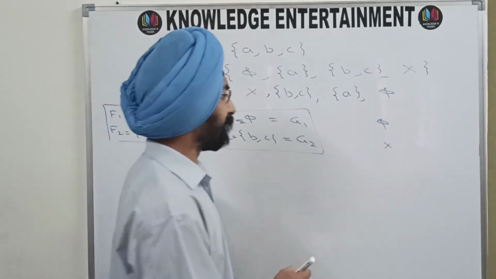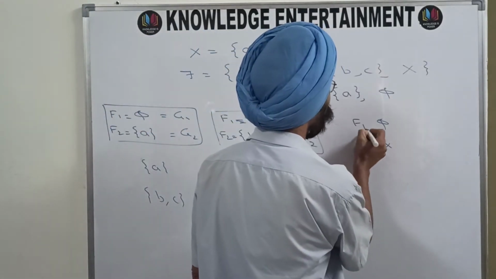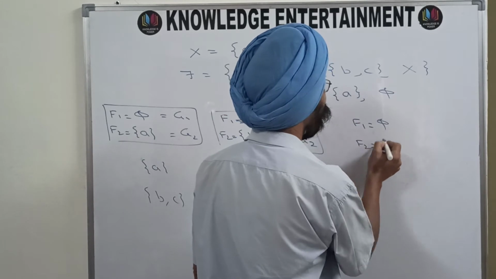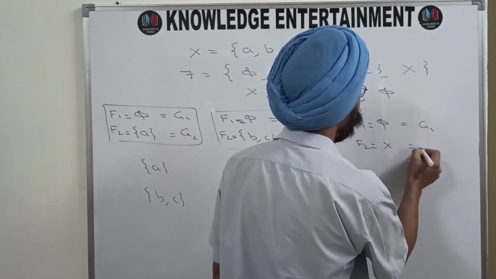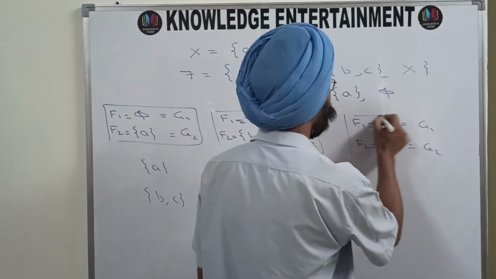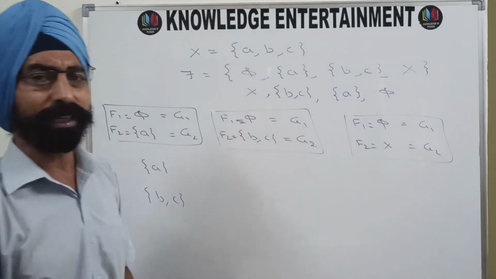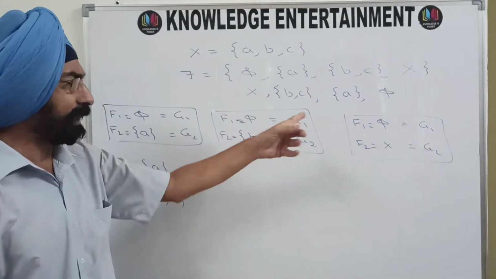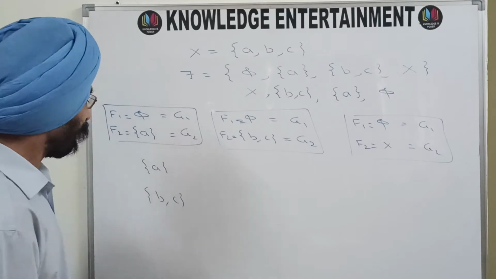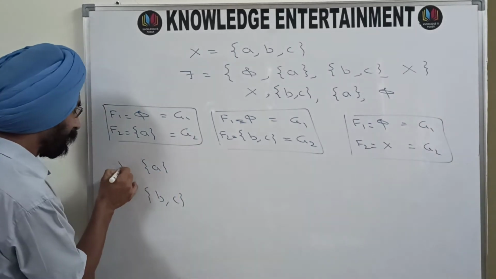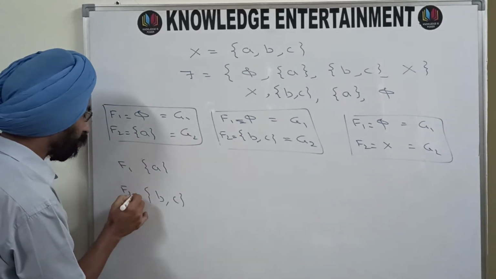In the third case, again, if your F1 and F2 are phi and X, you can take G1 and G2 also as phi and X. These are disjoint open sets containing the disjoint closed sets F1 and F2. And similarly here, this is your F1, this is your F2.